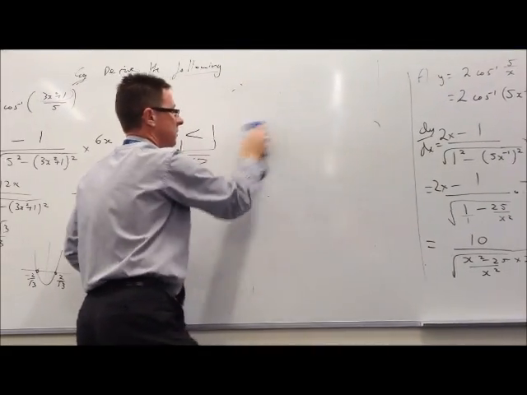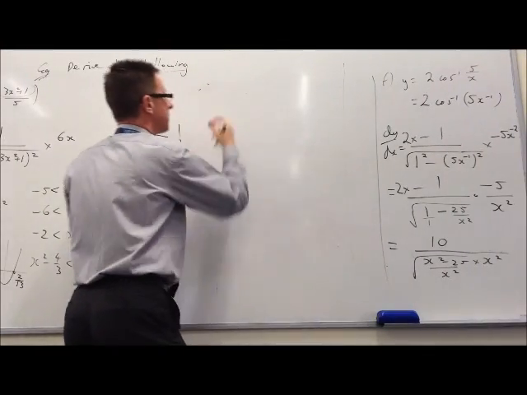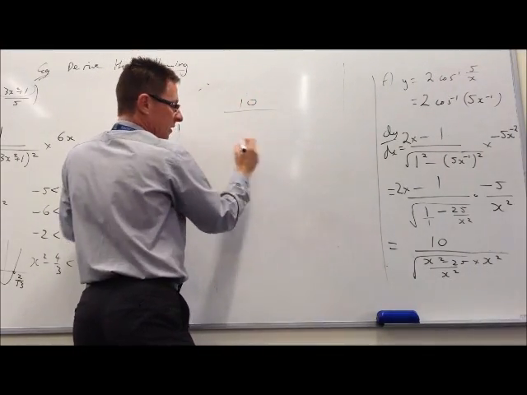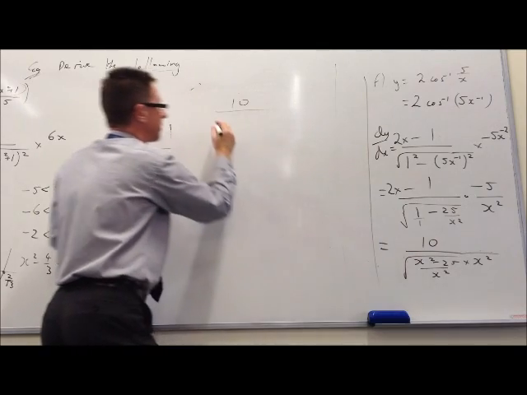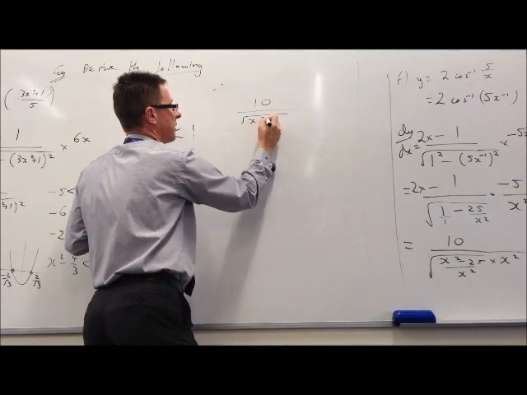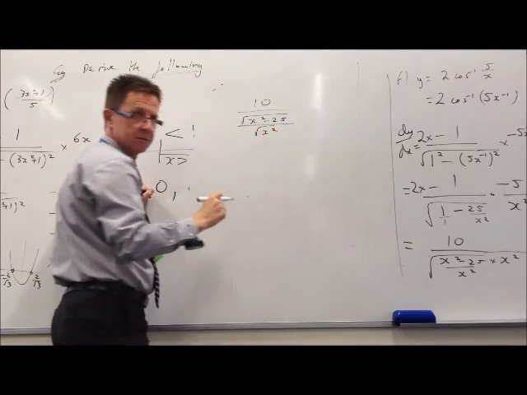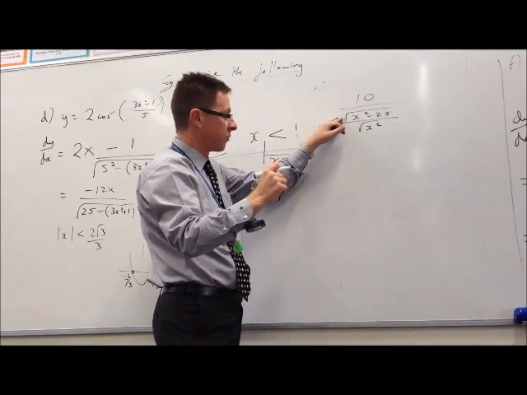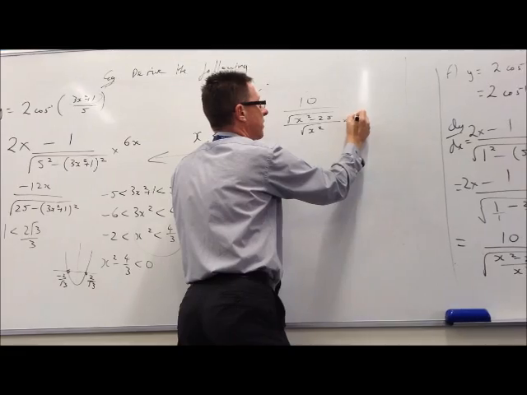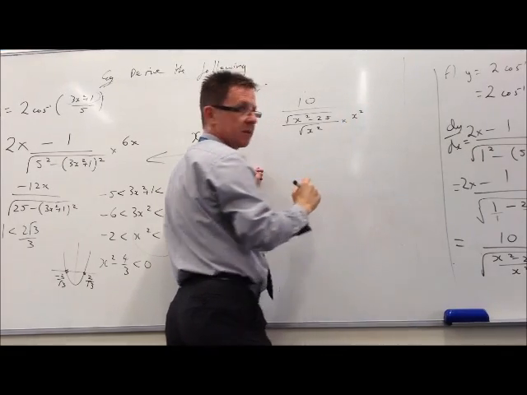And now, as you said, you've got 10. Really, this whole root thing, I'll go slowly because people don't see this often, that's the same as writing that. Root, and then you've got a little x squared sitting there.